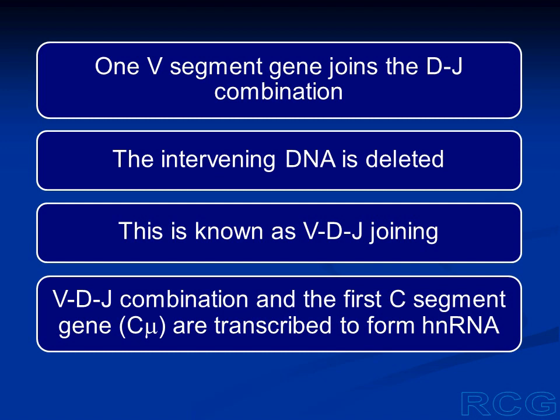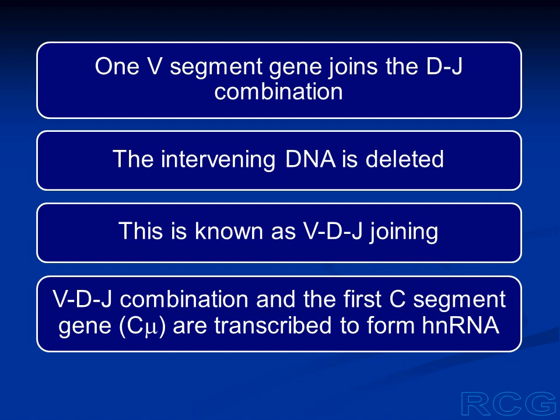Now this VDJ combination, which has been formed in a particular cell, will be transcribed along with the first gene in the C cluster. And the first gene in the C cluster is C mu. So VDJ combination and this C mu will be transcribed.